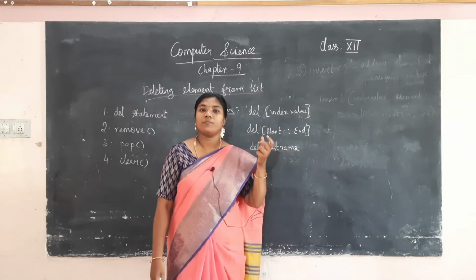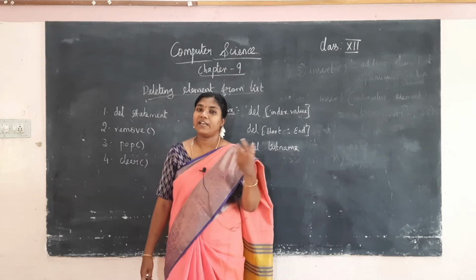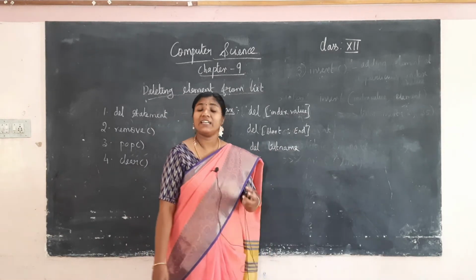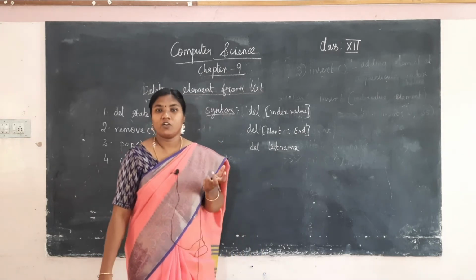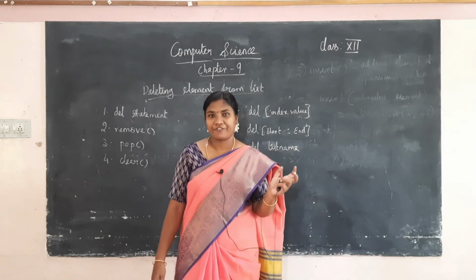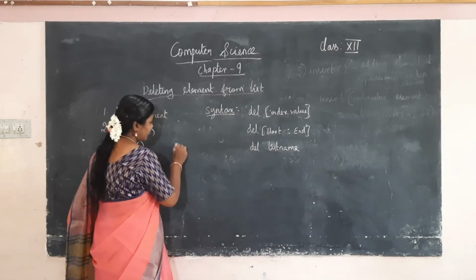Suppose I give 2 to 5, then the elements from 2 to 5 will be deleted. And del list name means the entire list will be deleted, so there will not be any such list existing thereafter. Clear? So first let us see an example.